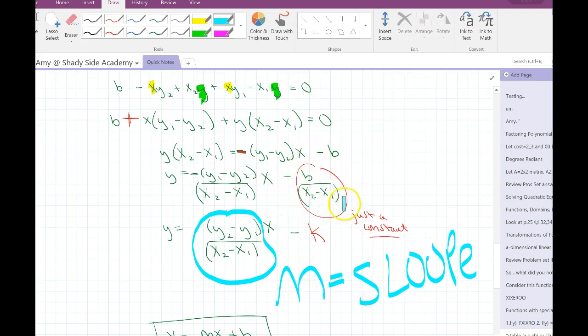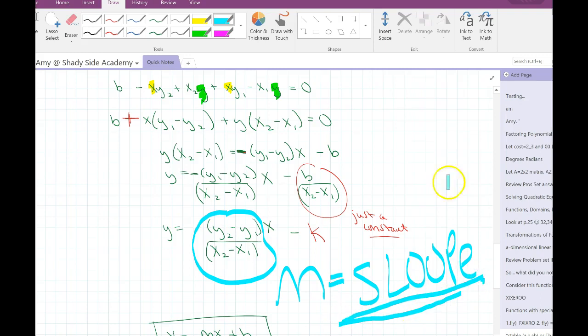And I said to myself, just notice this is just a constant. This is just a number, right? I took this negative and distributed, and I got y2 minus y1 over x2 minus x1 times x minus k. And this right here is slope.